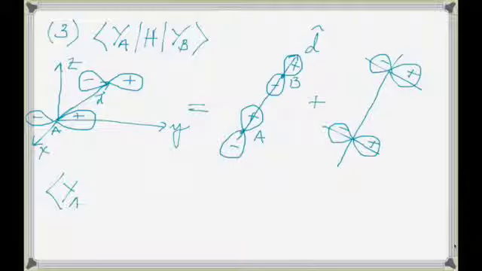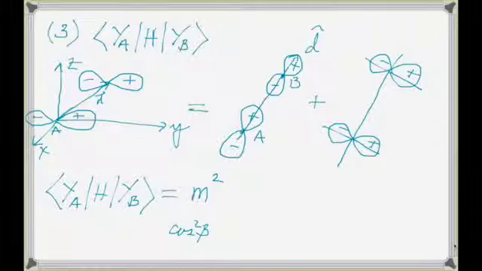So the matrix element between y on A and y on B is going to equal m squared, which is cosine squared beta, the angle of d with the y-axis, times V_ppσ, plus, since I'm decomposing this vector and the two pieces have to add up to 1, the other piece has to be a sine squared, which I write as 1 minus cosine squared.